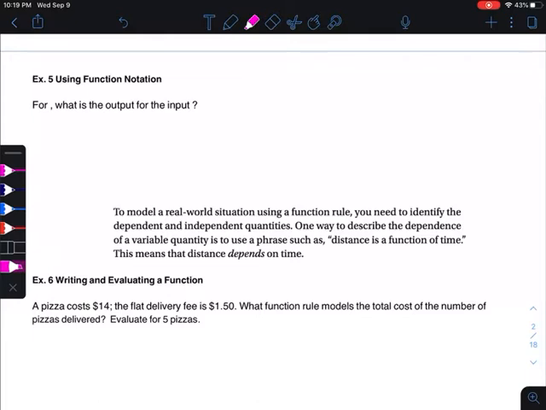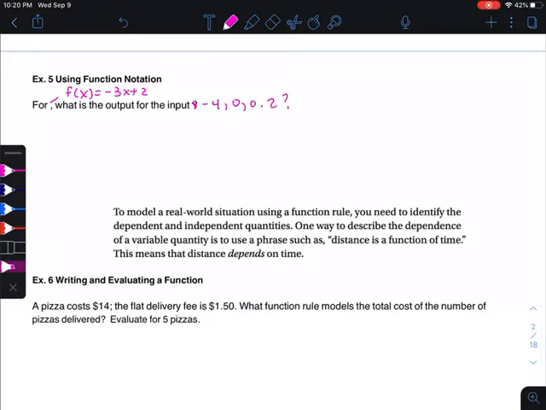So example 5, using some function notation. Ooh, looks like my notes got a little cut off. So yours should say, for f of x is equal to negative 3x plus 2, what is the output for the input, and then they have negative 4, 0, and 0.2.